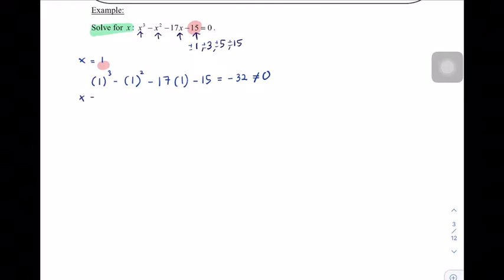Now try x equals negative 1. Again we substitute: negative 1 cubed minus negative 1 squared minus 17 times negative 1 minus 15. So you will get negative 1 minus 1 plus 17 minus 15, which equals 0.